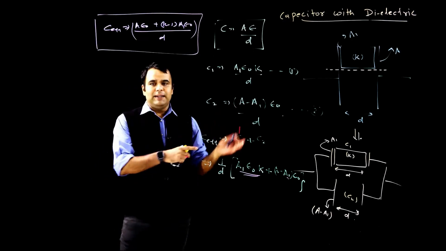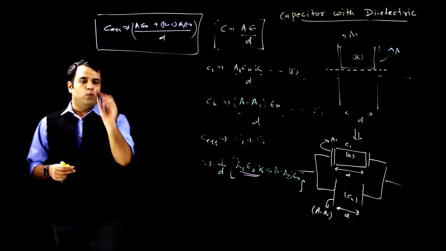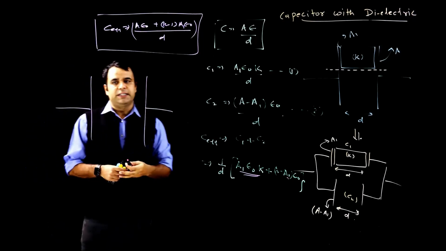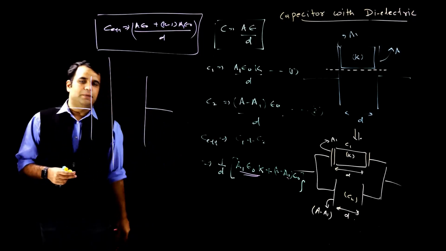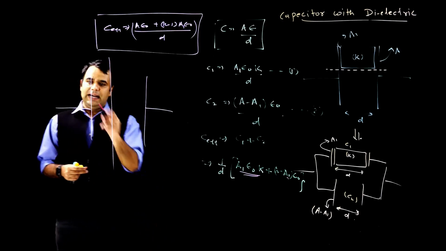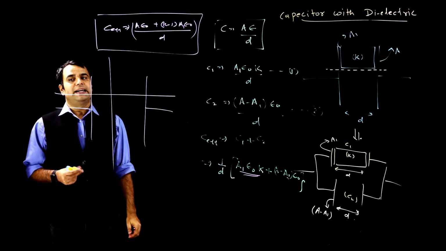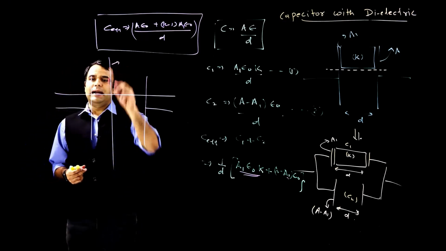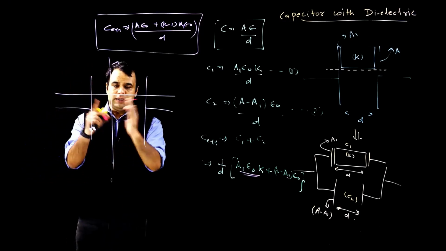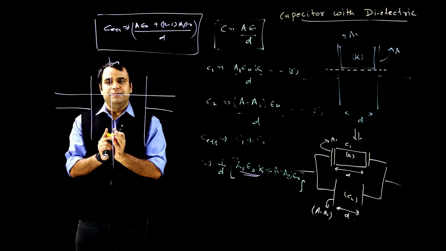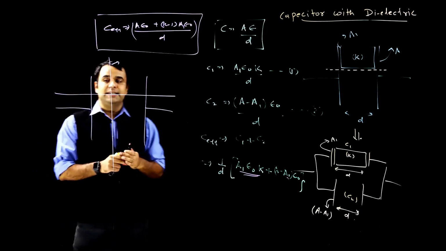Now if I combine this topic with the previous topic, what do we learn? If I have a capacitor, I can cut the capacitor parallel to the cross-section area, as well as perpendicular to the cross-section area. If I cut the capacitor parallel to the cross-section area, the portions which I have cut should be connected in series, and then we have to use the series formula.